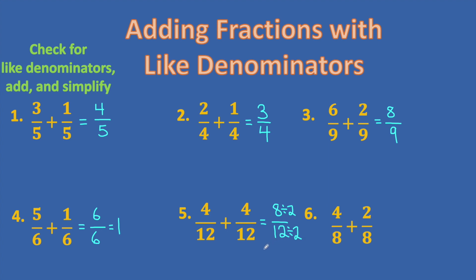So 8 divided by 2 equals 4, and 12 divided by 2 equals 6. And actually, we can simplify this one more step. It looks like 2 can go into 4 and 6.